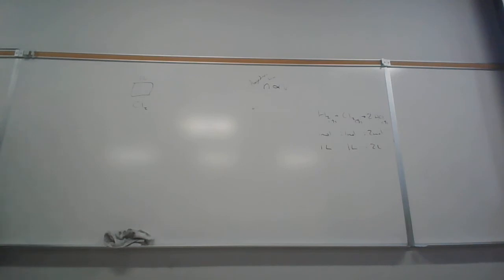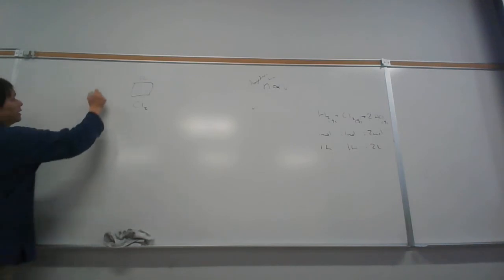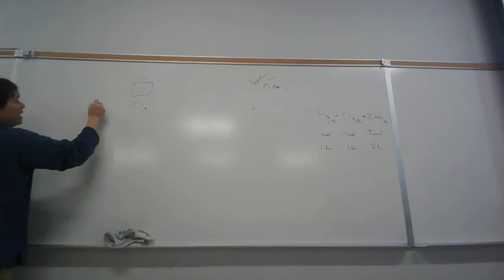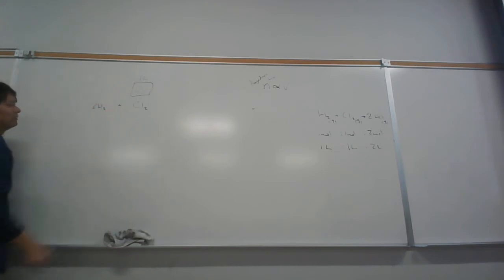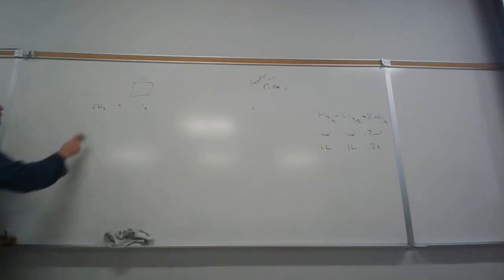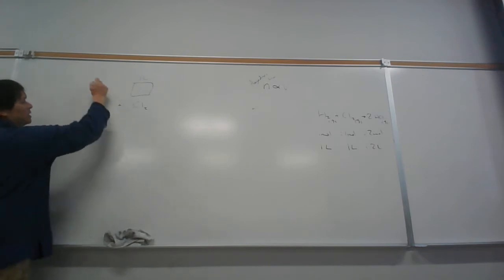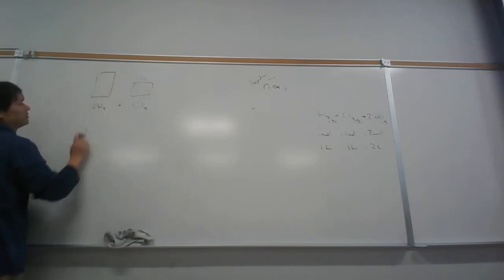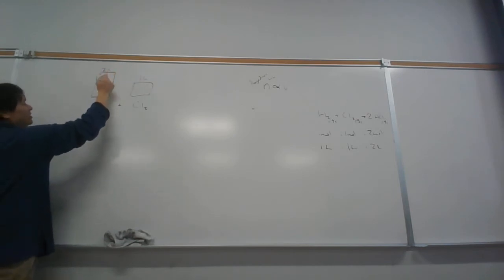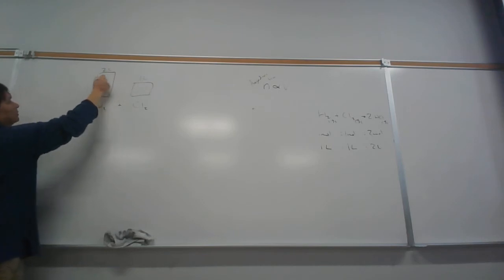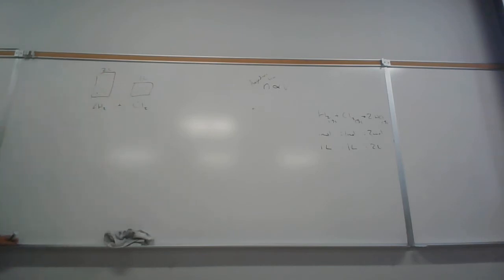Hydrogen is usually in white, but I'll just make it black. But I have 2 hydrogens here. If I have twice as much hydrogen as chlorine, Avogadro's law says it's going to occupy twice the space as 1 mole of hydrogen. So how many liters of hydrogen? I'm going to have 2 liters of hydrogen. It takes up twice the space.